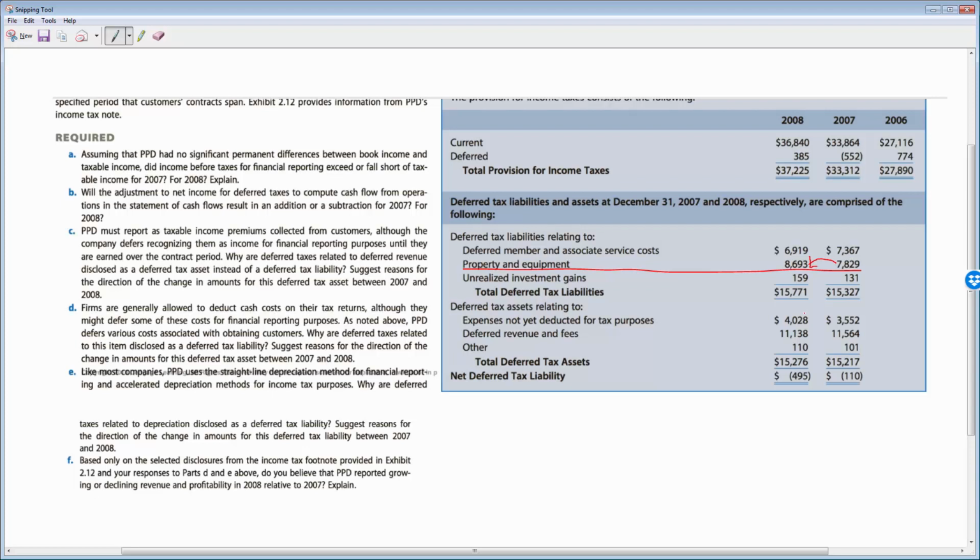Otherwise, the trend will be reversed. And we know if a company invests in property and equipment, that's a sign the company expects future demand from customers to increase. Okay, so that's something we dig from the income tax disclosure. That's for question E.